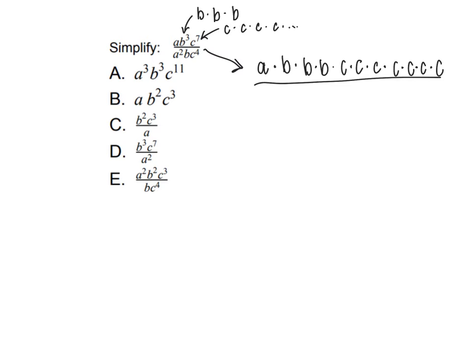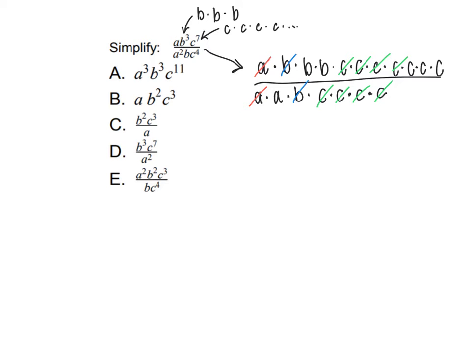On the bottom, I have 2 A's, 1 B, 4 C's. And then you can look at what will cancel out. So one of these A's will cancel, 1 B, and 4 C's.